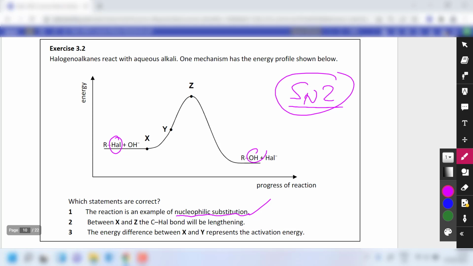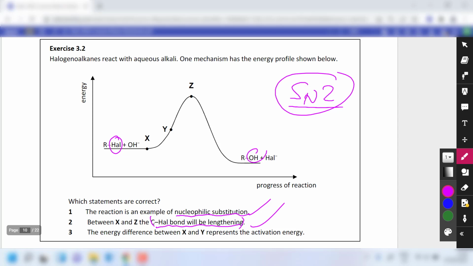We need to be a bit careful here. Yes, if you remember the transition state, it involves the partial bond breaking of the C-halogen bond and the partial bond formation of the C-O bond. So indeed, the C-halogen bond will be lengthening.